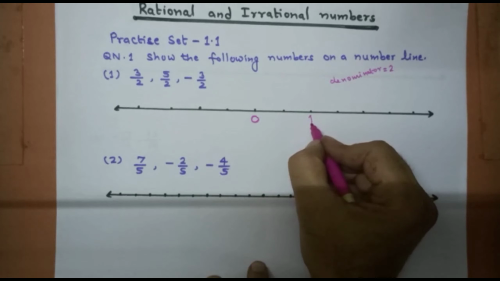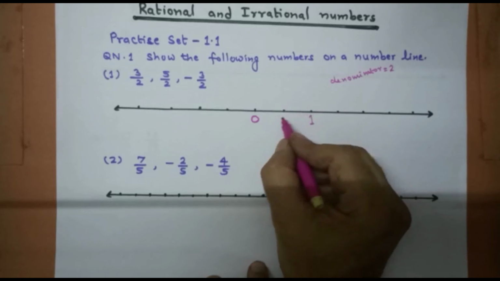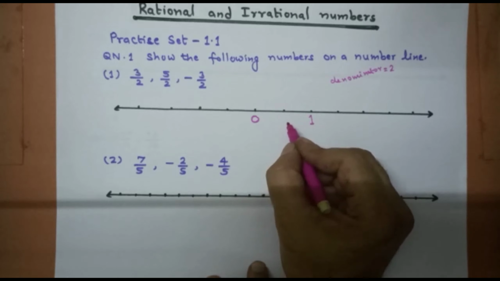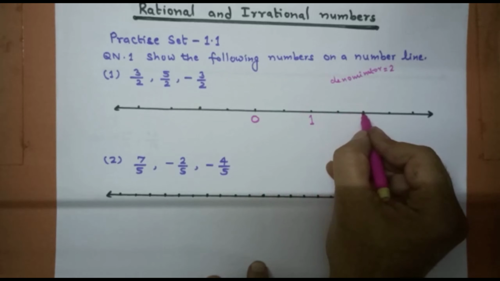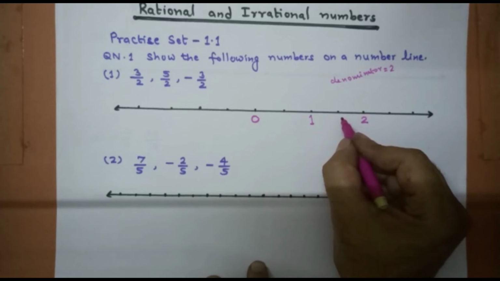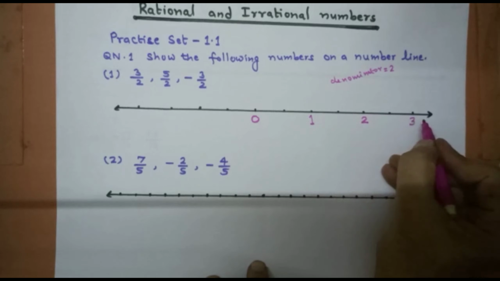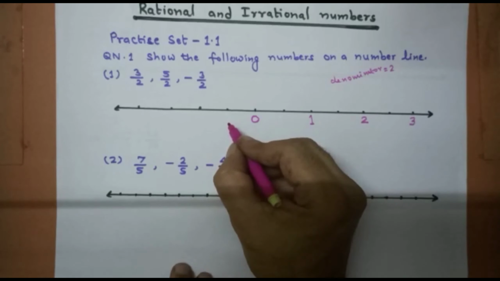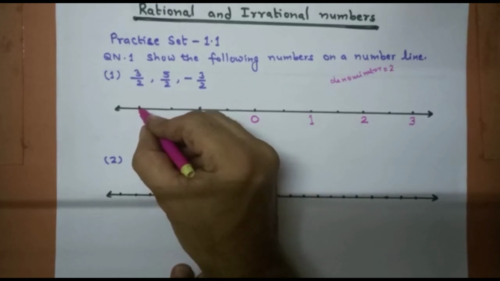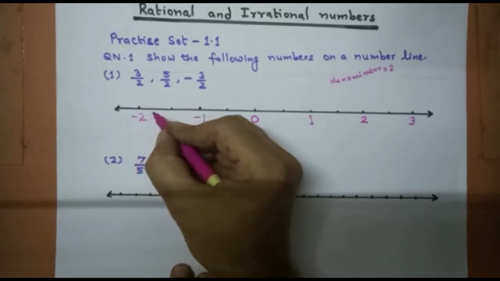Suppose I take 1 and 2, there will be two divisions between them. In the same way, the next number will be 3. On this side, this number is minus 1, whereas this number will be minus 2.